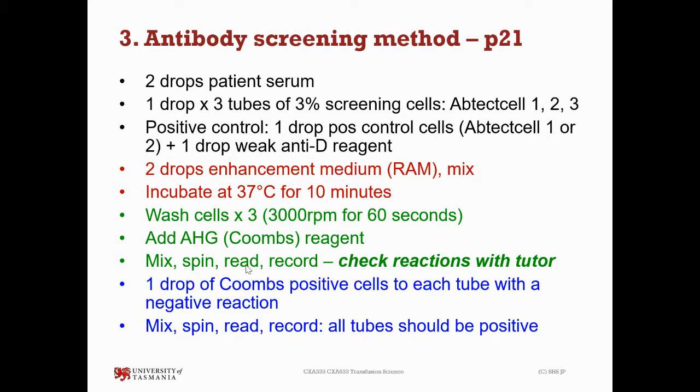Then you check your reactions with your tutor, because any of you who have looked at the video about how to set up and perform an antibody screen will know that we add 1 drop of what we call Coombs positive cells or Coombs control cells to each tube that has a negative reaction. Why do we do that?